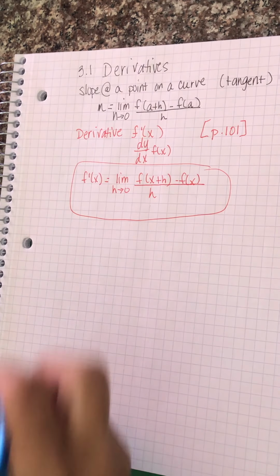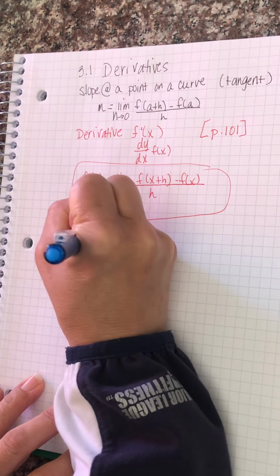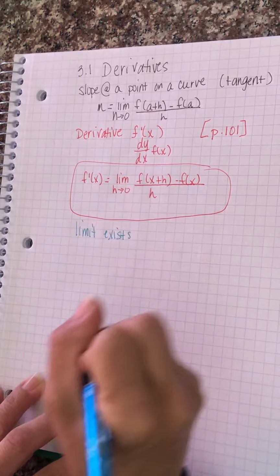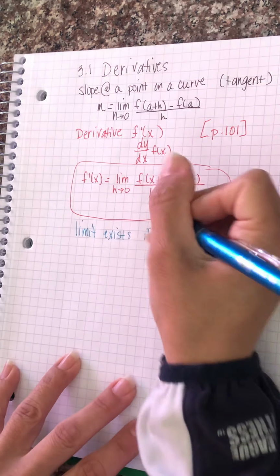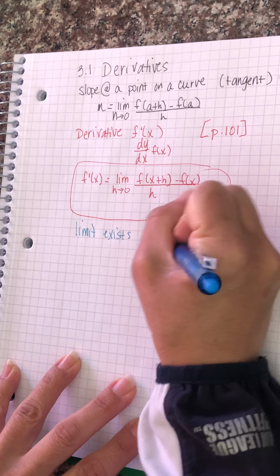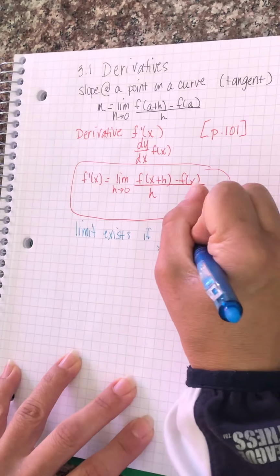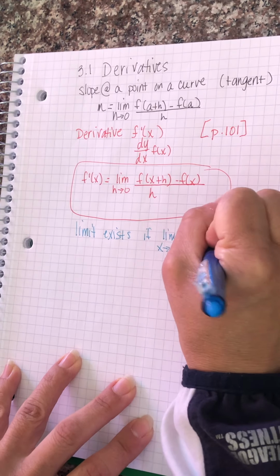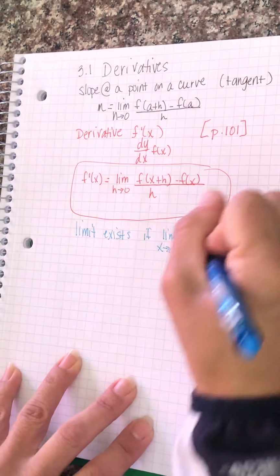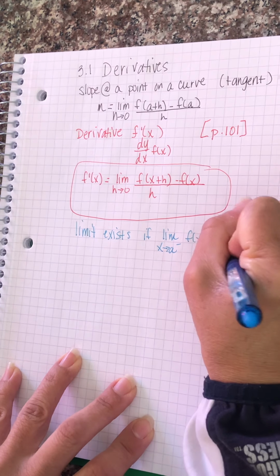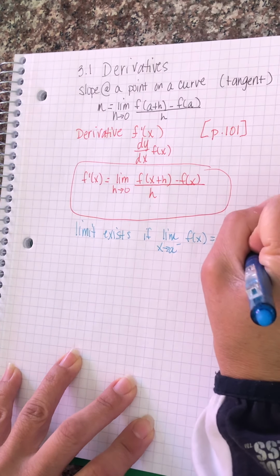So we say that the limit exists if the limit as you approach some value a from the left of a function is equal to the limit as x approaches a from the right of the function.